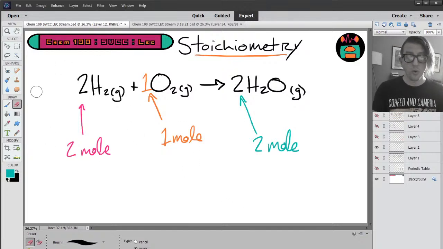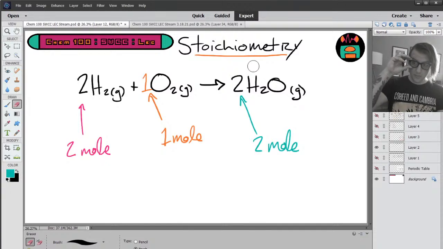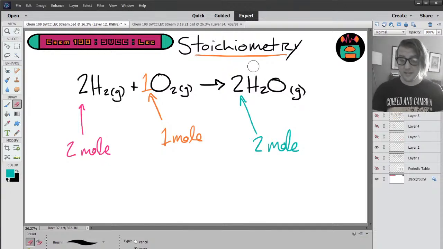Sorry, 2 moles of H2 react with 1 mole of O2 to produce 2 moles of H2O. All right, that is the key to understanding these relationships.